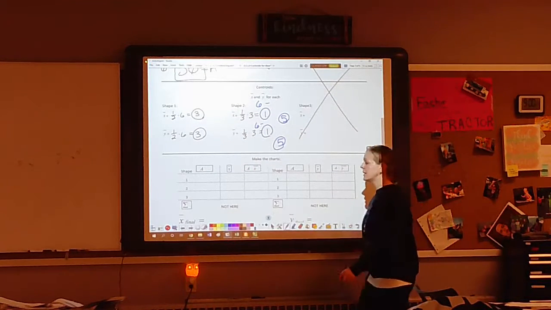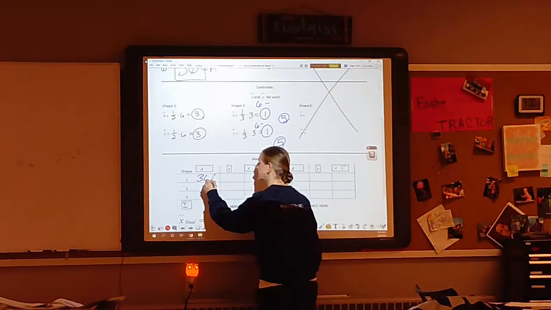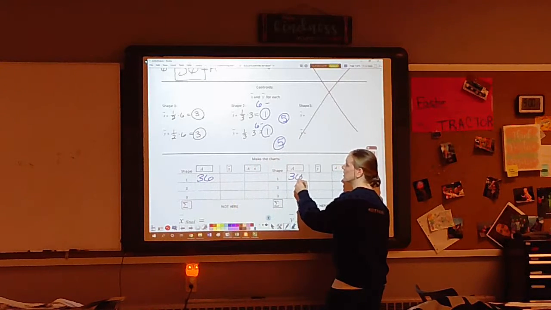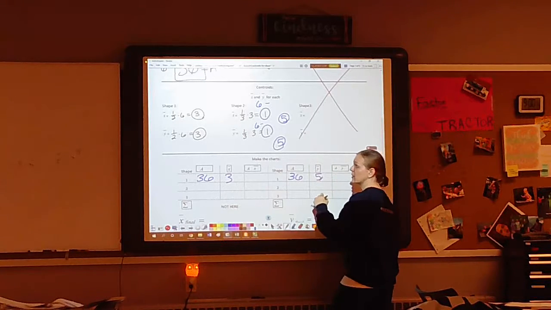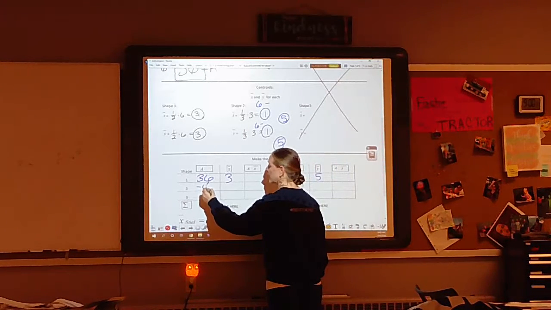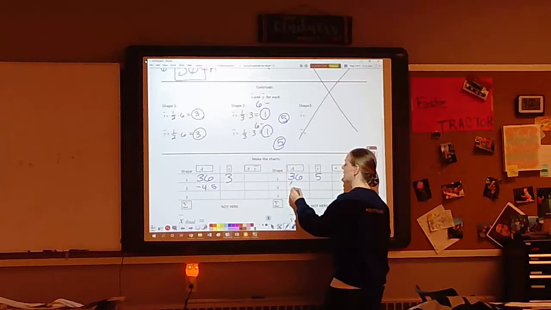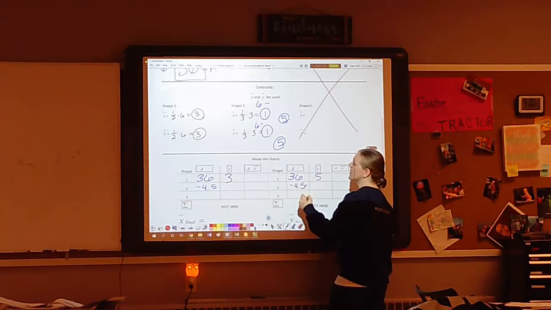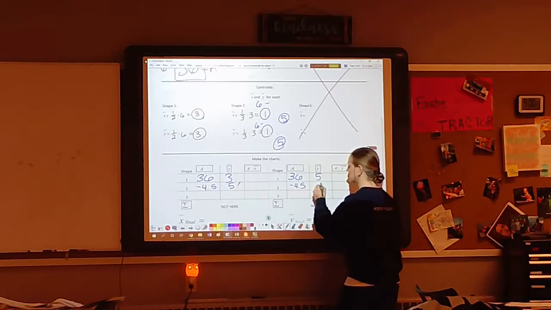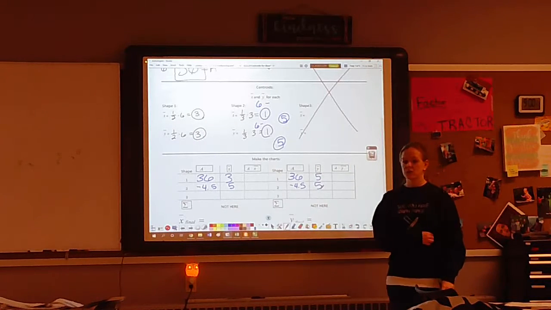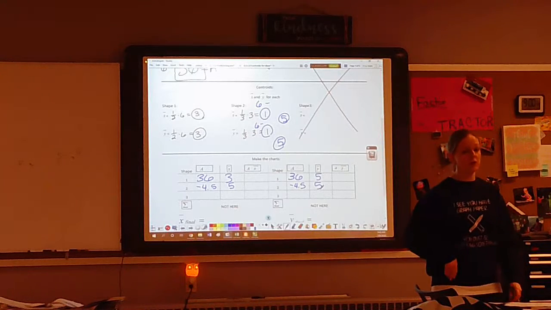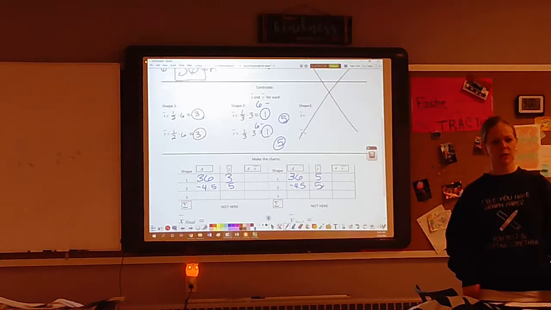So the area is 36 for my square. The x bar is 3. The other x bar is 5. The area for my triangle is -4.5, and -4.5. My x bar is 5, and y bar is 5. So I'm filling it in just like I did in the last one. I went slower on the last one too the first time. What do you see?